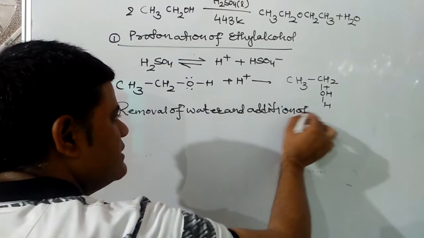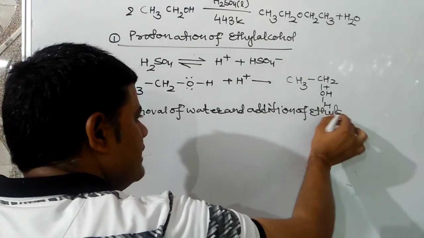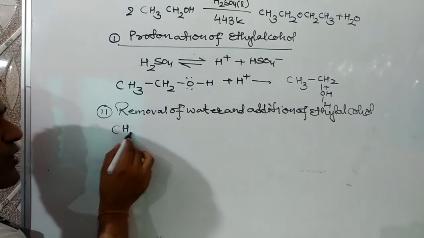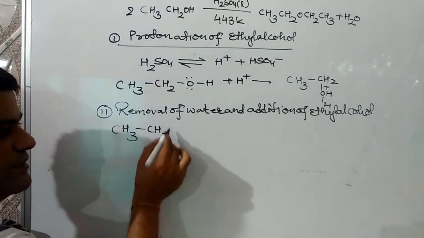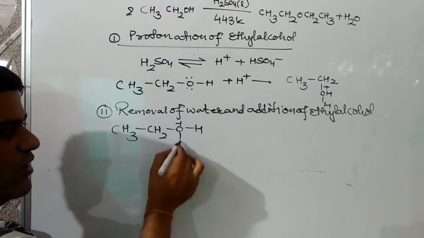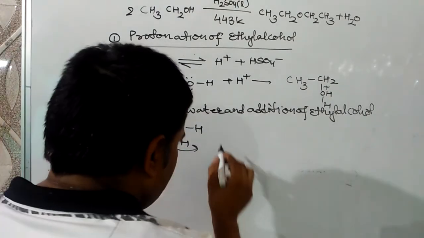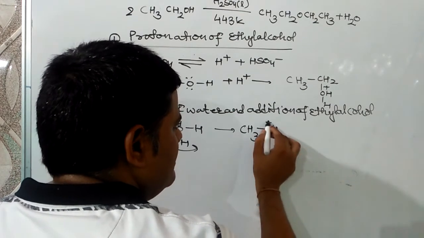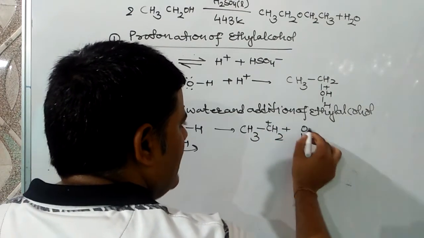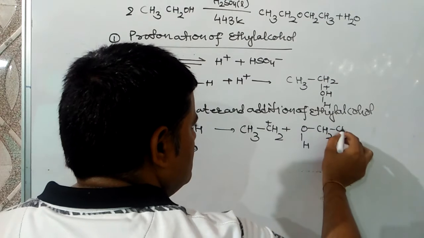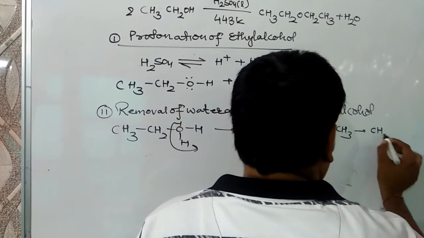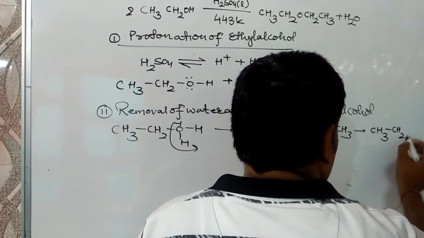First, removal of water takes place, due to which a carbocation is formed, and that carbocation reacts with ethyl alcohol to produce protonated ether.